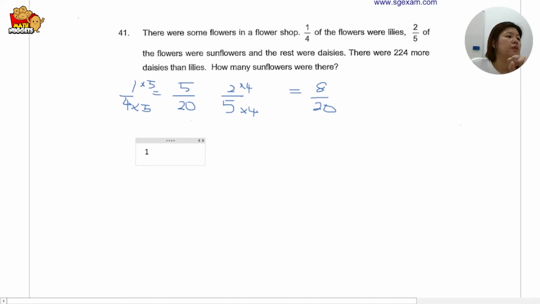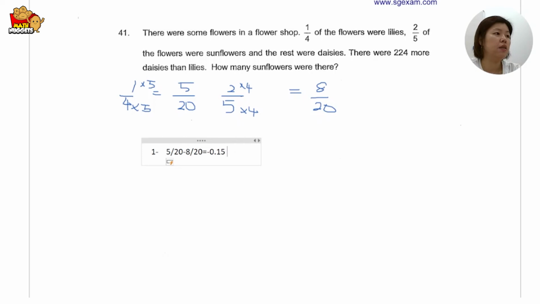So, in order to find my daisies as a fraction, I can take 1 whole minus 5 out of 20 minus 8 out of 20, which will give me 7 out of 20.